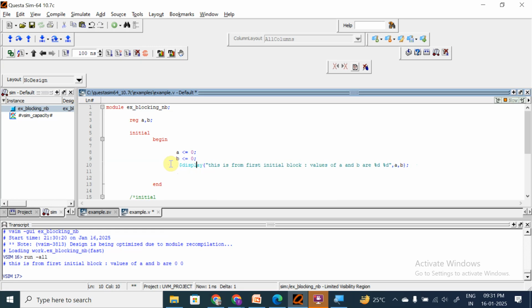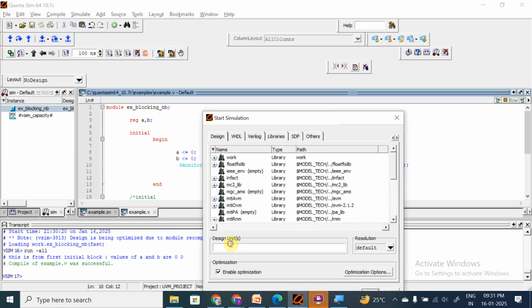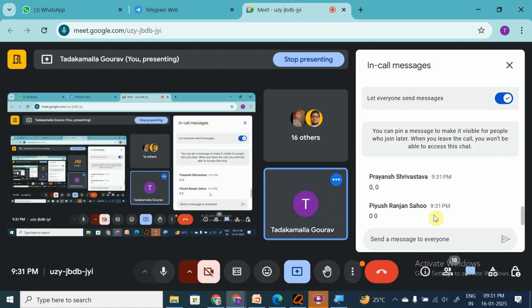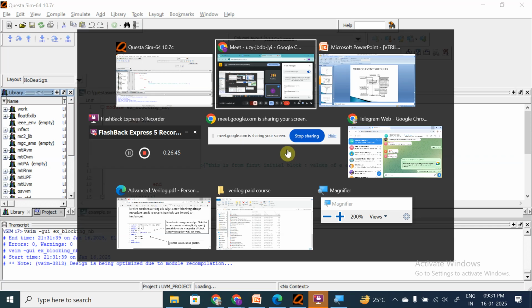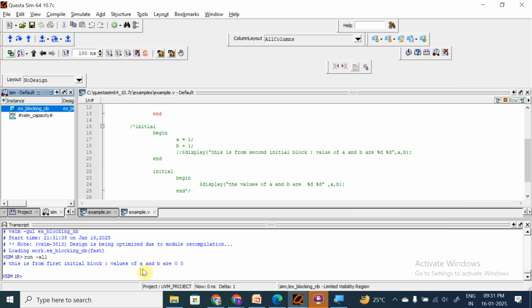So what may be the values of A and B? Yes, it is 0 and 0, because you are using $monitor, which is being executed in the postpone region, so it is getting A and B as 0 and 0.